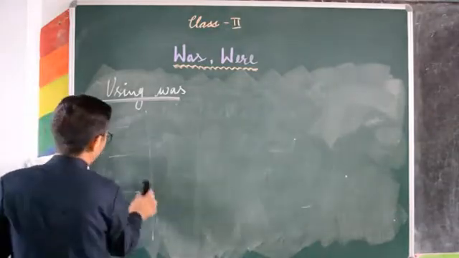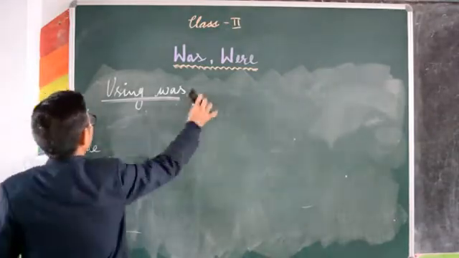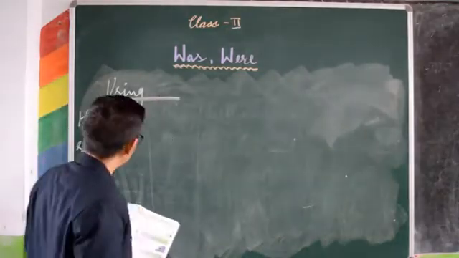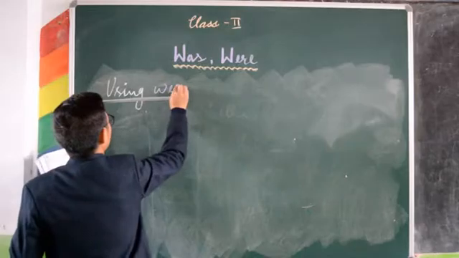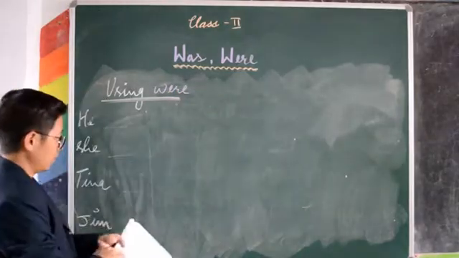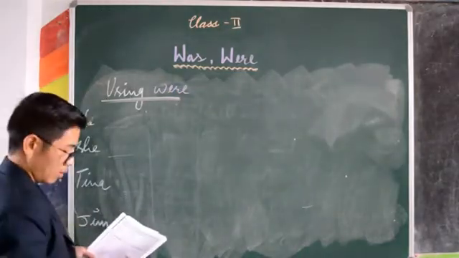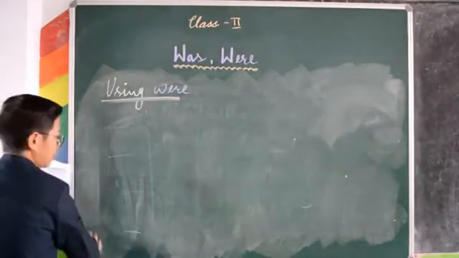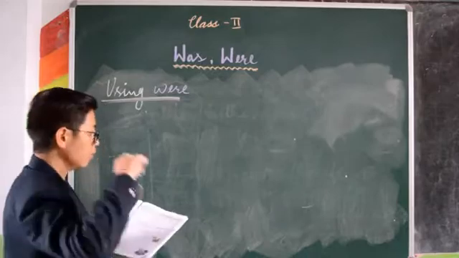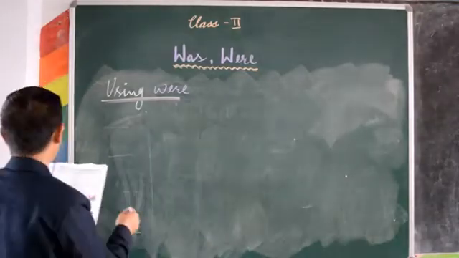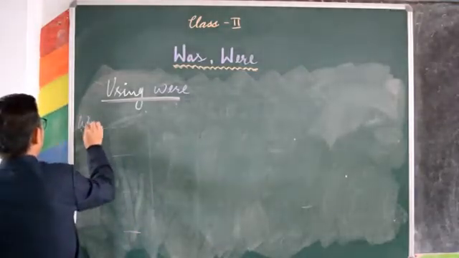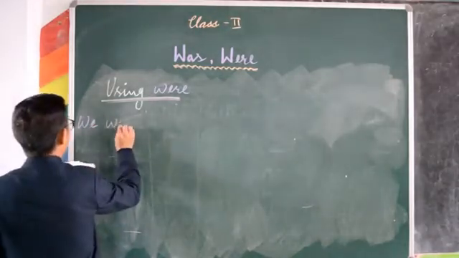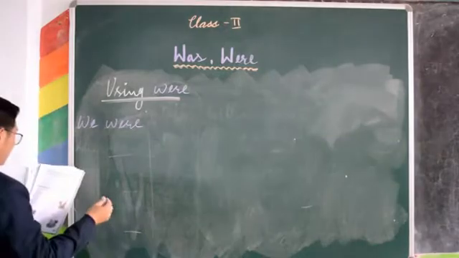Now let us go with the next, using were. Okay, now using were. So let's change this also. As I told you, were is for plural. So we, plural, isn't it? We were.